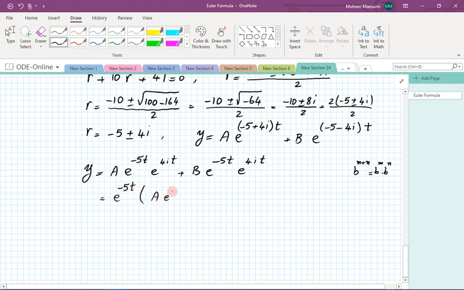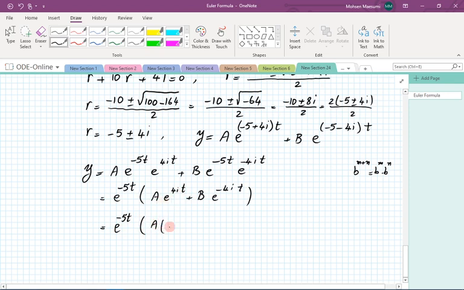So I have exponential of 4it, and then exponential of, here I made a mistake, it was supposed to be minus 4it. Now what? Now we apply Euler's formula. This real part we leave alone. Exponential, remember what that was.